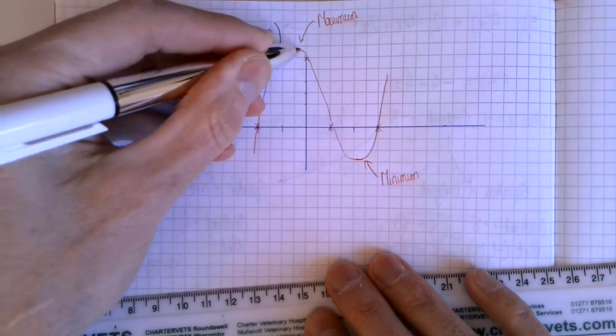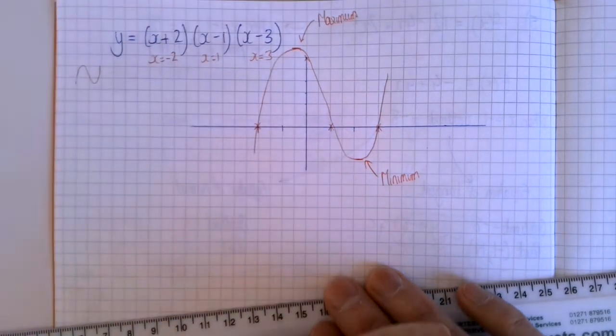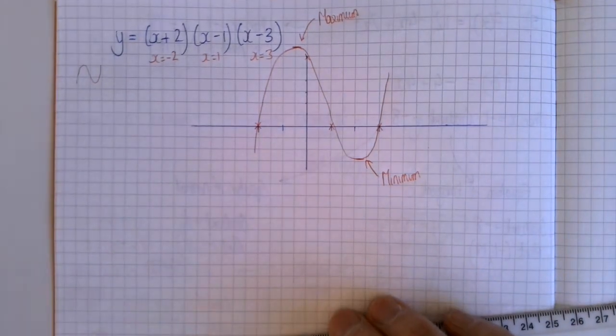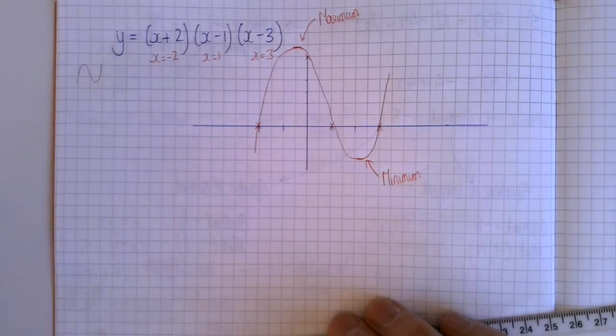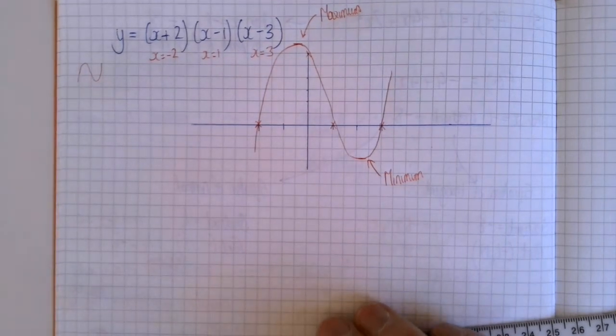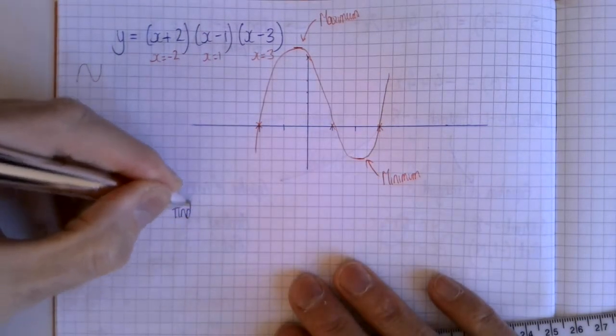But for an instant, it will have a gradient of 0. And here, similarly, it will have a gradient of 0. So, if we can find dy by dx, we just need to ask, when will dy by dx equal 0? We can locate the turning points by asking, when is dy by dx 0? So that's my objective for today.